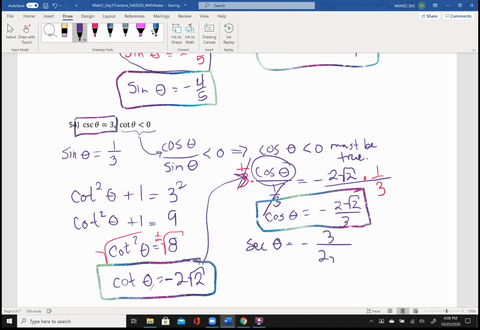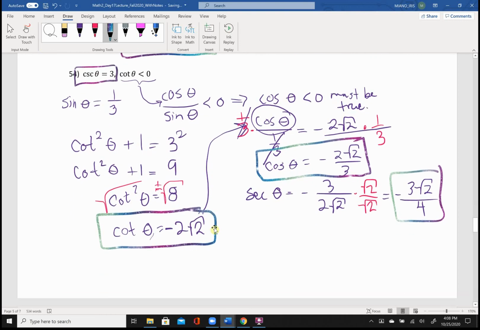I need to come to recognize that. I can show you the rationalizing the denominator step, though, to explain how I'm getting the final answer of -3√2 over 4. And that'll be my secant theta. Let me go ahead and box that up.